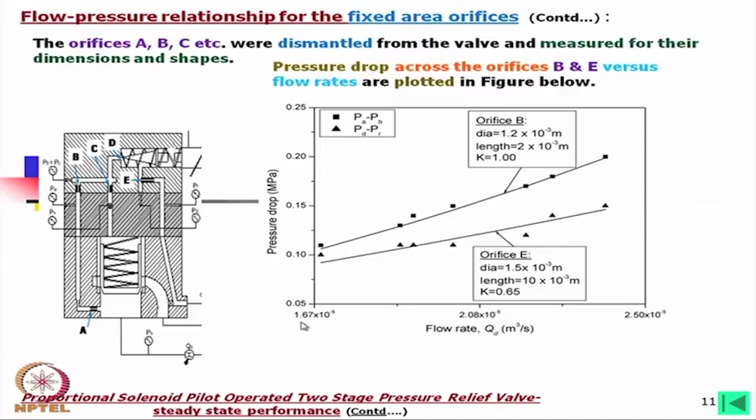Now, one interesting point is that we found that E has different dimensions than B. However, A had the same dimension as B. However, at the A zone, not the A orifice, we are measuring pressure here.